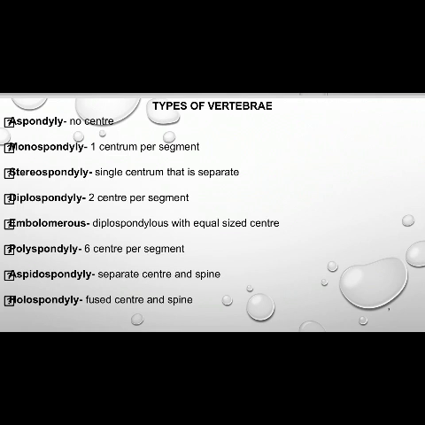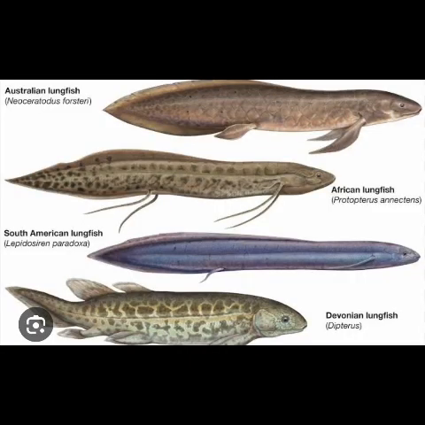So a diplospondylous vertebrate with equal sized centers is called an embolomerous vertebrate. What about polyspondylous? Polyspondylous means a vertebrate that has 6 centers per segment of the vertebral column. An example is seen in the lungfish.